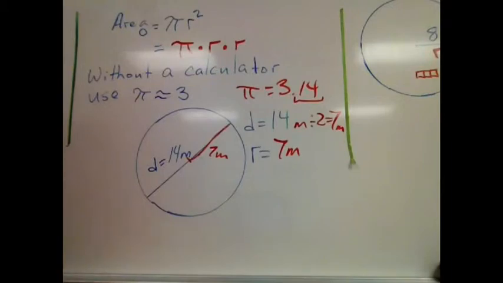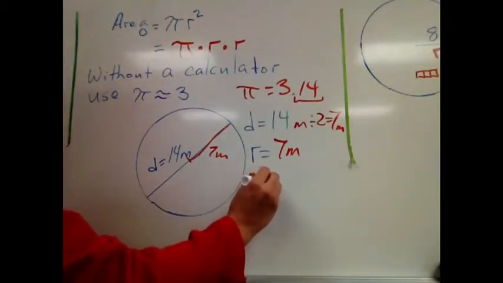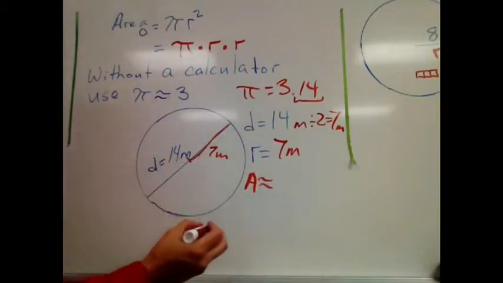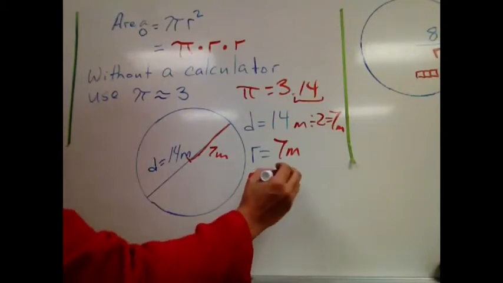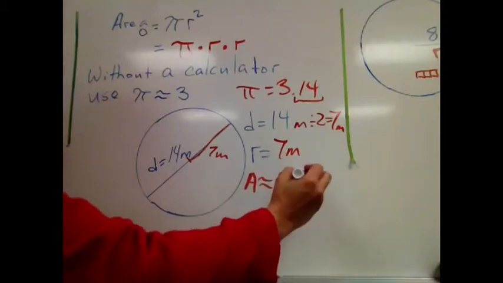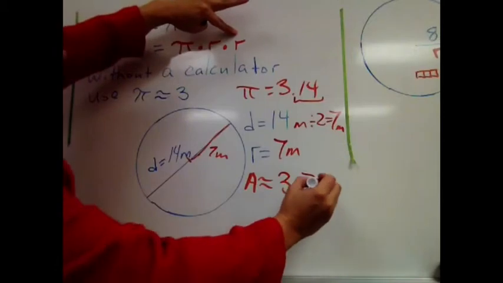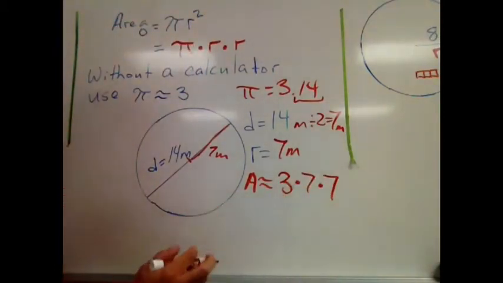So let's use our formula. Again, an approximation. We want the approximate area of this circle. Use pi approximately equal to 3 times 7 times 7. We call that 7 squared.